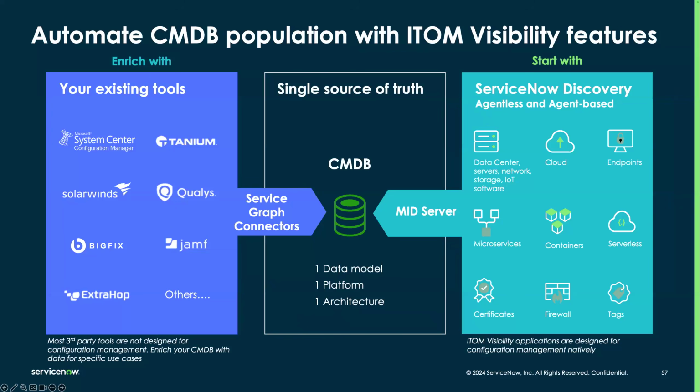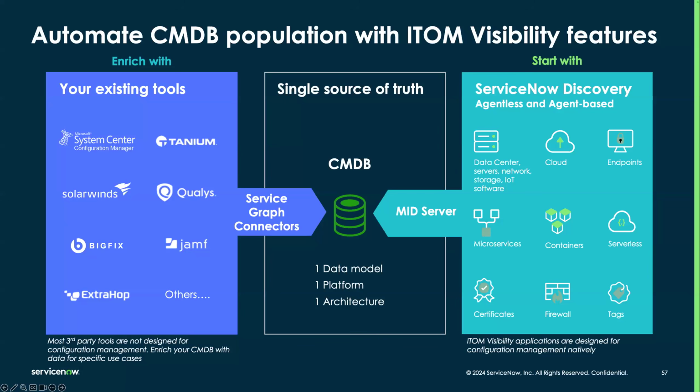Also, we talked about traditional discovery and also service graph connectors. We always suggest you start off with a traditional ServiceNow discovery, either agentless or agent-based, for the simple fact that all the ITOM visibility applications that you can see here are designed with configuration management natively. Whereas you can enrich for whenever it's not possible to discover those environments.